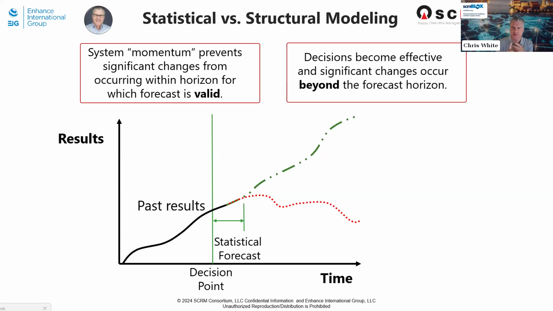Generally, any of the tools you use right now, ERP systems, SCMs, are using some sort of demand forecasting that's based on historical data and projecting that forward. In that little window of time right there, the momentum of all the activities in the system really prevents much from changing. So what's most important is, as you play out over the long term, what are the differences?